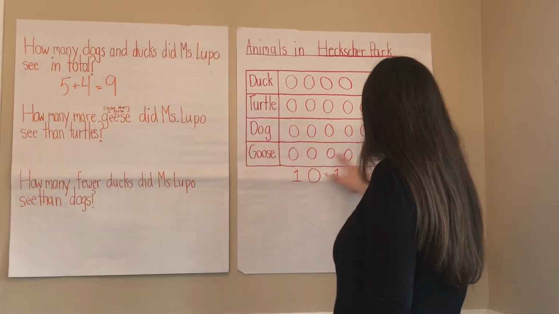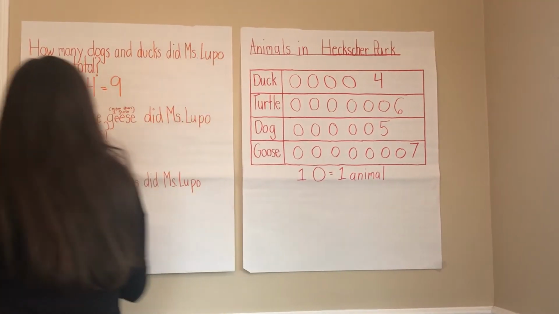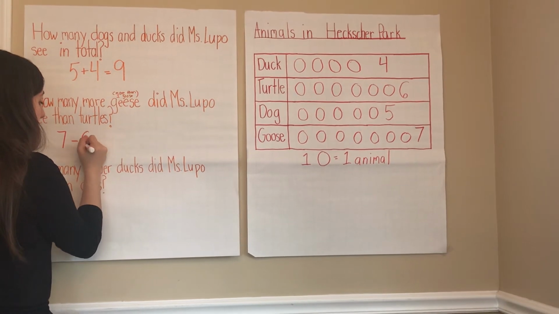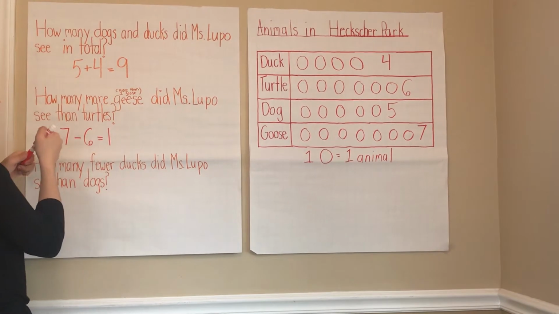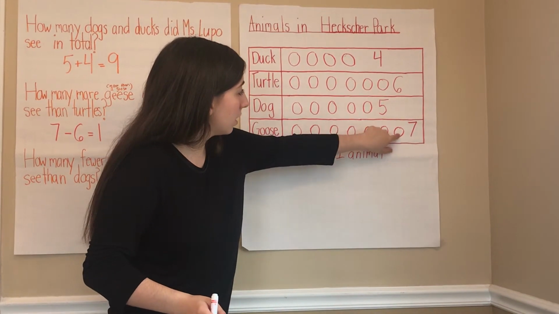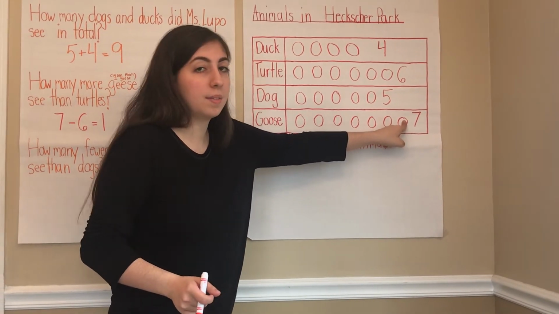Miss Lupo saw 7 geese and 6 turtles. 7 minus 6 equals 1. Miss Lupo saw 1 more goose than she did turtles. There's one more symbol or picture on the picture graph for these categories.